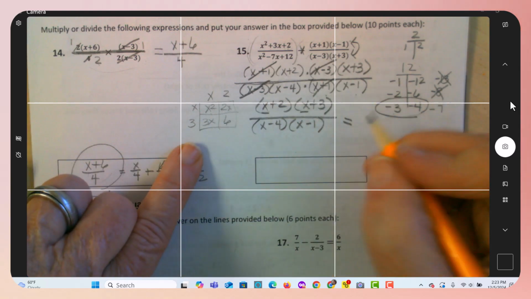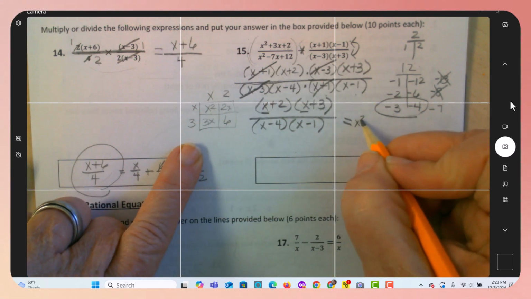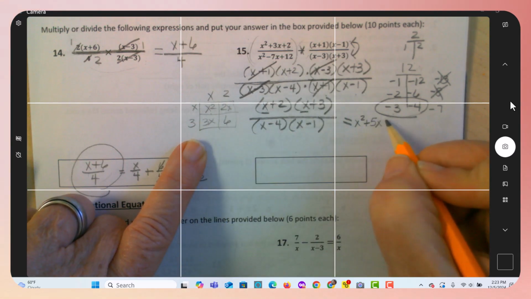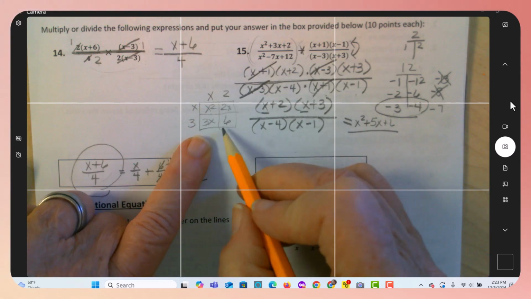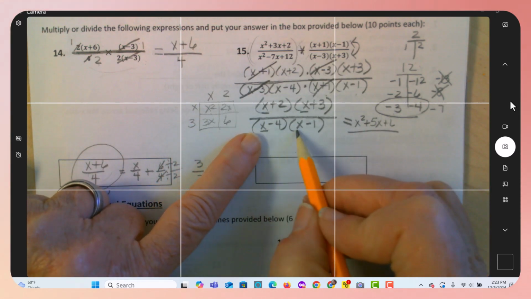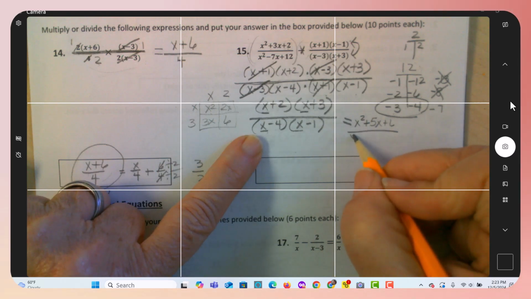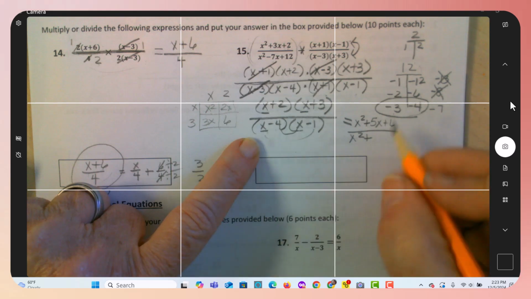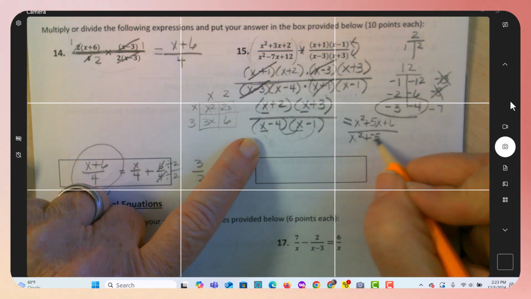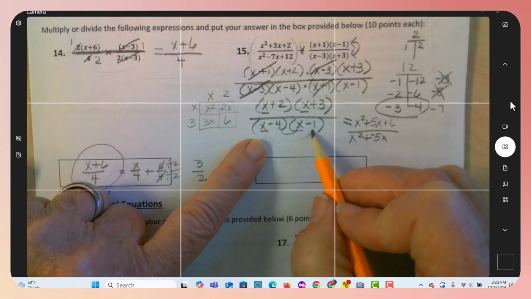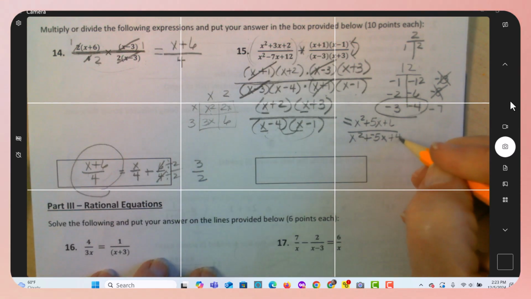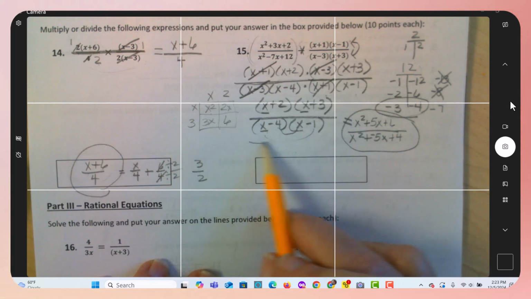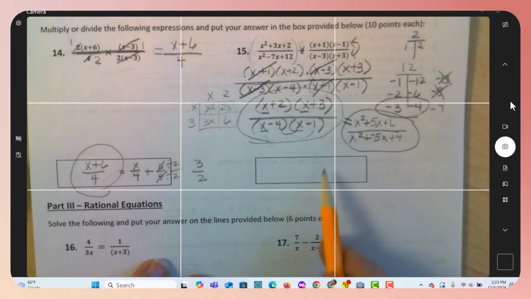And then you would still get x squared on the top, plus 3 plus 2 is 5x, plus 6, and then in the denominator I'm just going to FOIL this, x squared plus negative 4 plus negative 1 is negative 5x, and then negative 4 times negative 1 is positive 4. So it could be written this way, or it could be written this way once you've simplified it.